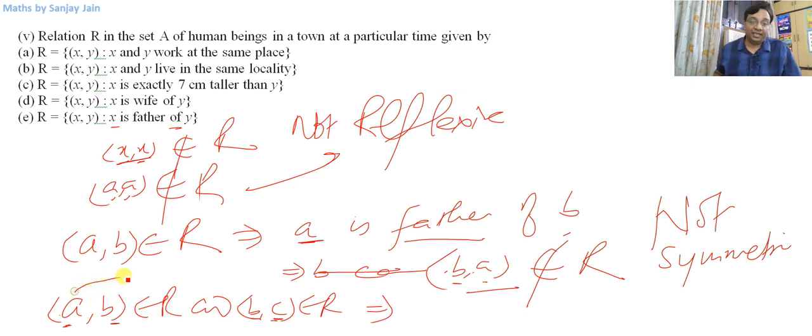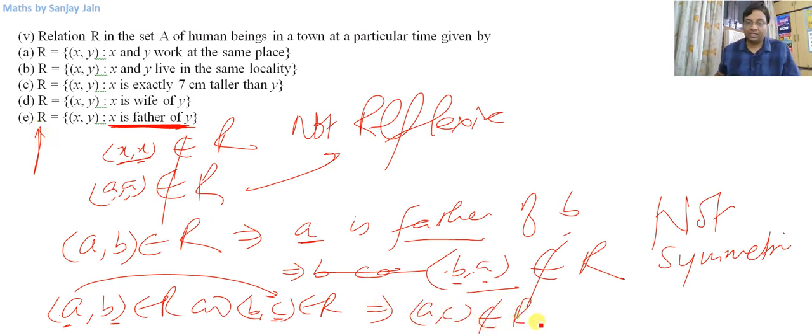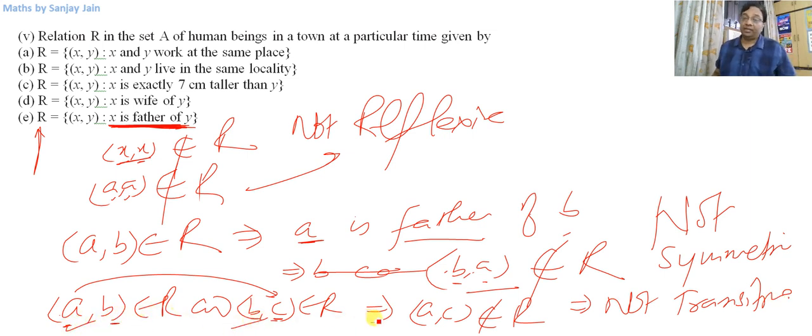That means a is grandfather of c, which is not the relation as per our definition, because a has to be father of c to be present in this relation. So this implies a comma c doesn't belong to this relation R. Hence it is not transitive. These two are present, a comma b is there, b comma c is there, but a comma c is not there, hence it is not transitive.